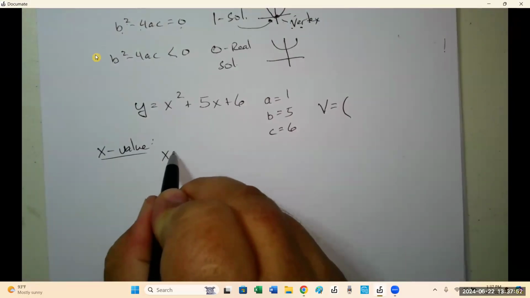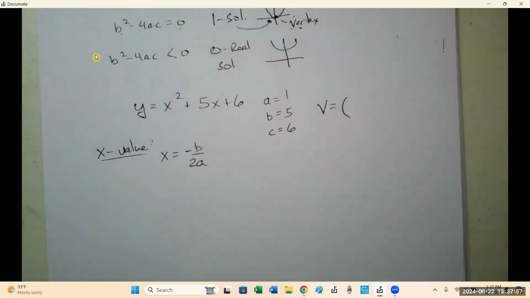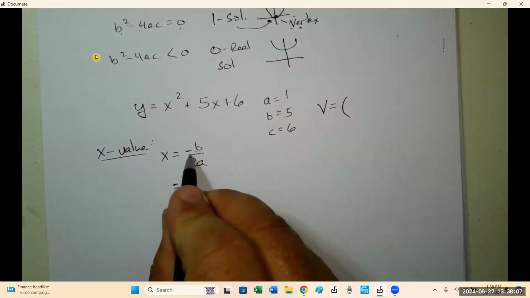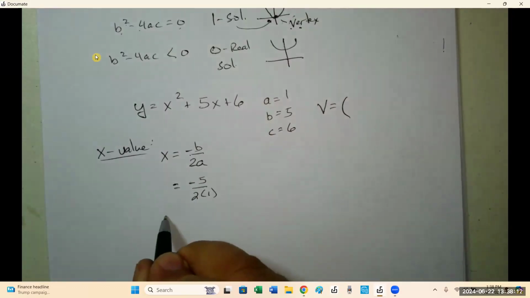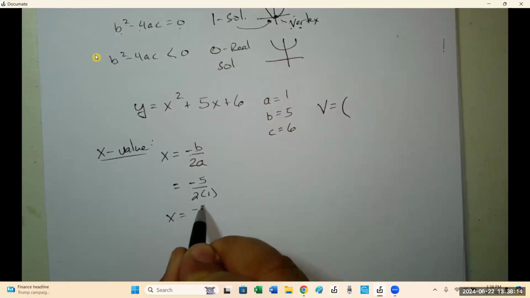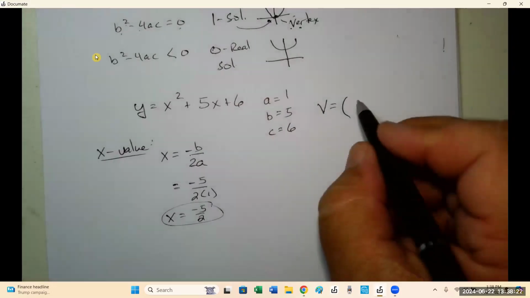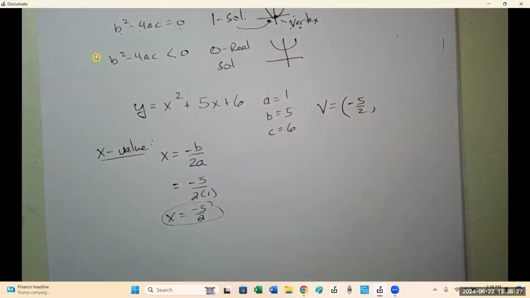The x value was negative b over 2a. If you ever forget, that's just the front part of the quadratic formula, no square root. Let's plug those in. We have negative 5 over 2 times 1. So x equals negative 5 over 2. That's our answer for the x value.